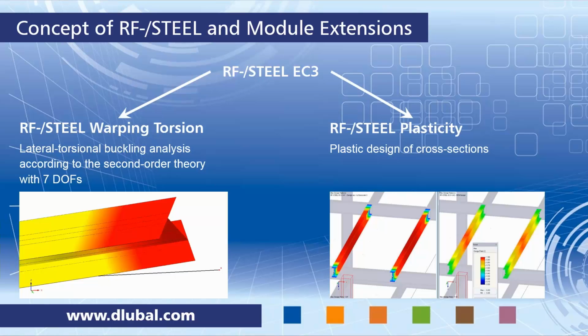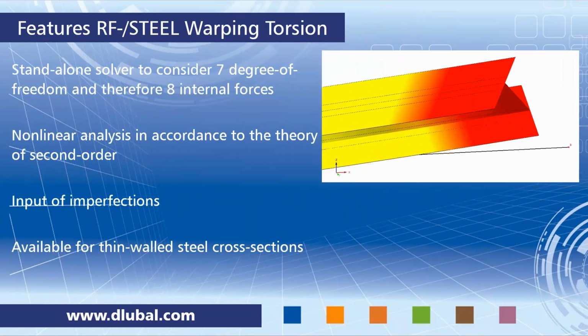Here you can perform a plastic design of cross-sections. Both are working either independently or you can use them in combination, and Wieland will show you this throughout the example. To give you a bit more detail, here's a list of features available, and these are the features of the Warping Torsion extension. You have a standalone solver, and this is considering 7 degrees of freedom.